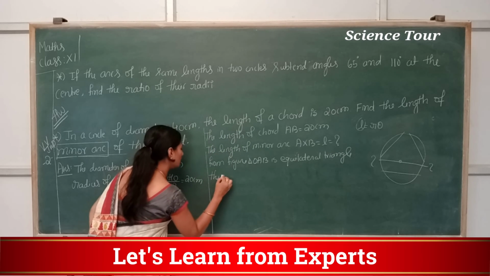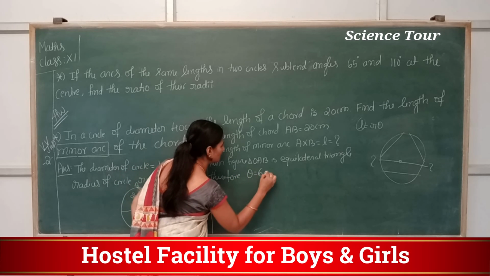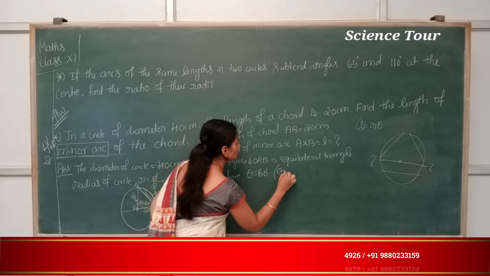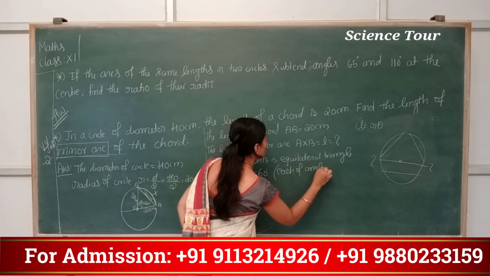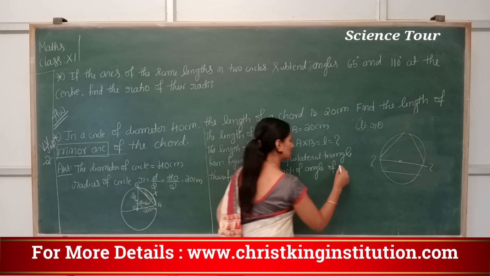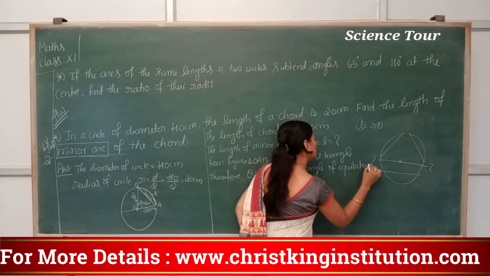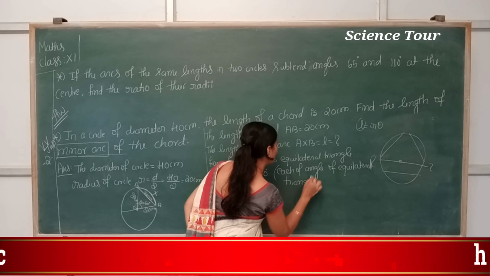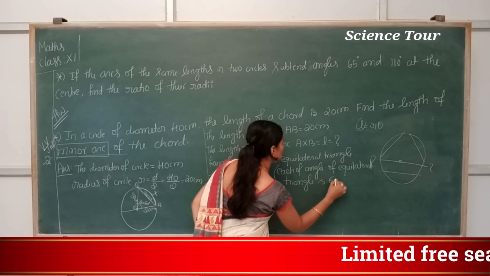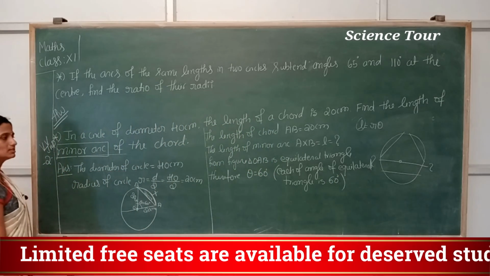Therefore theta is equal to 60 degree, because each angle of an equilateral triangle is 60 degree.